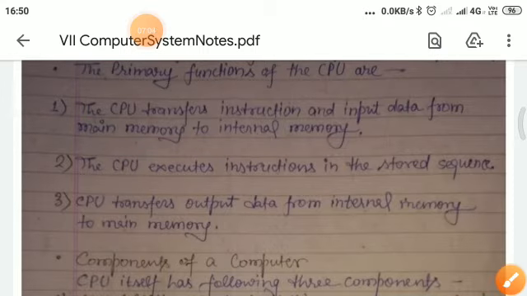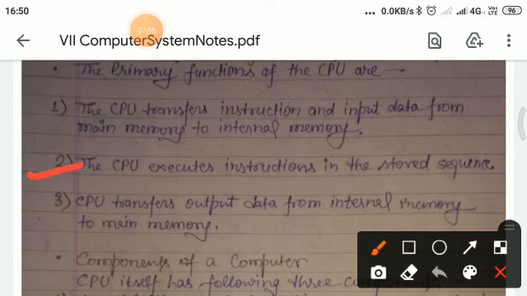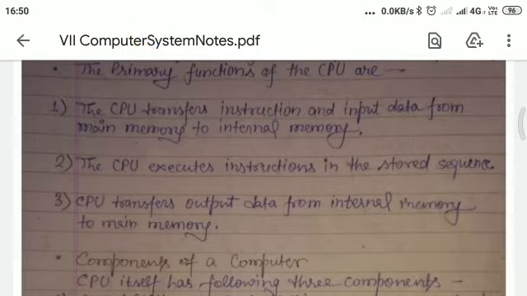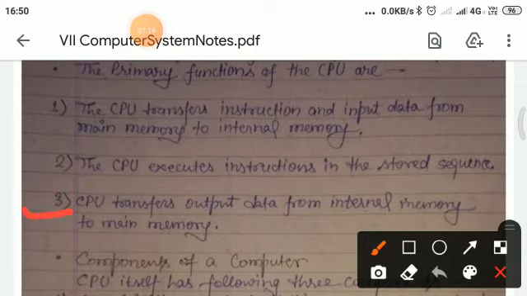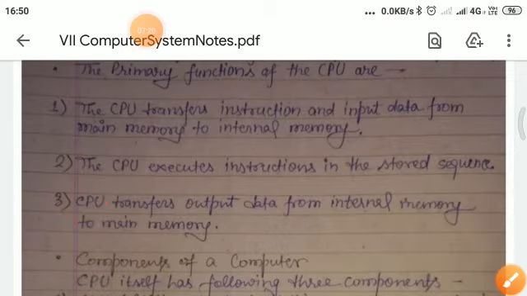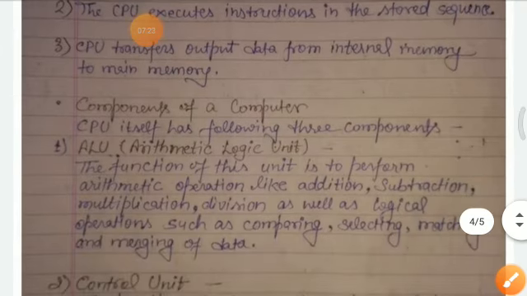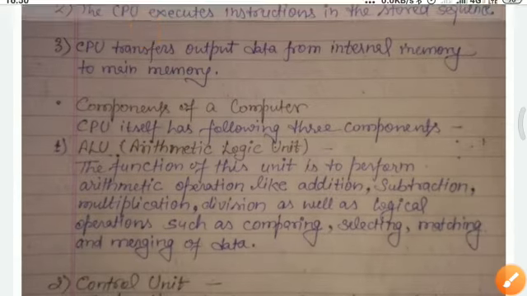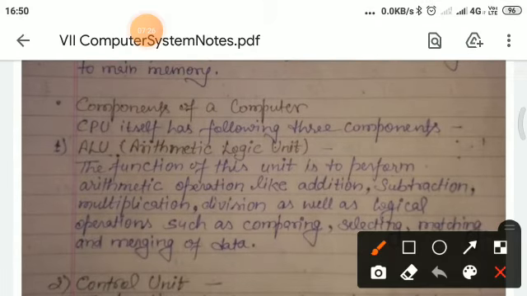And next function is, the CPU executes the instructions in stored sequence. And next, CPU transfers output data from internal memory to main memory. And now the components of a computer. CPU itself has the following three components.